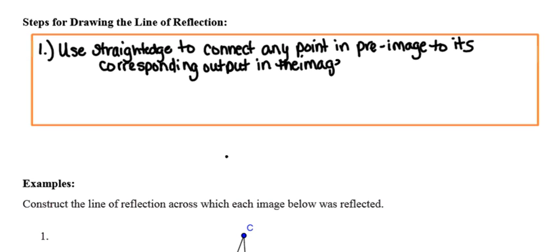It's important that you use two points that correspond. The one that was put in has to correspond with the one that came out.